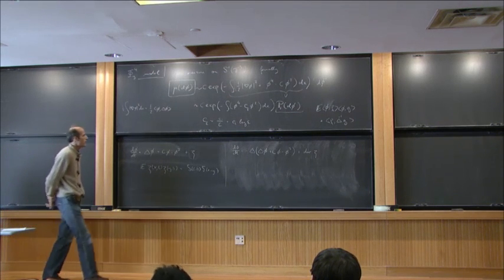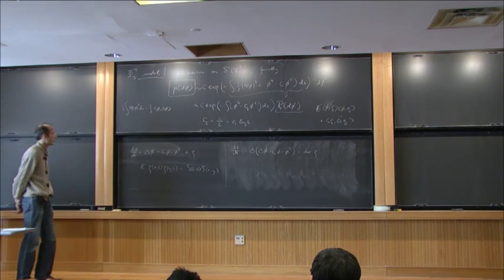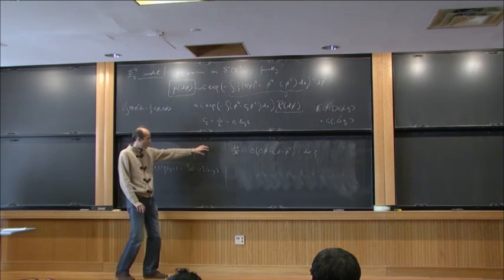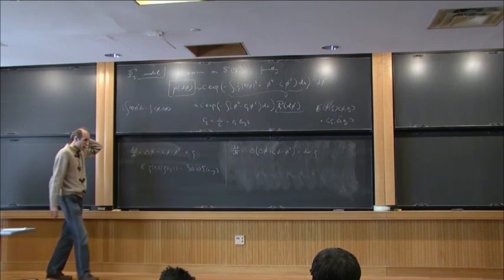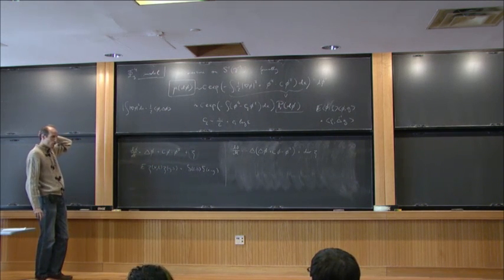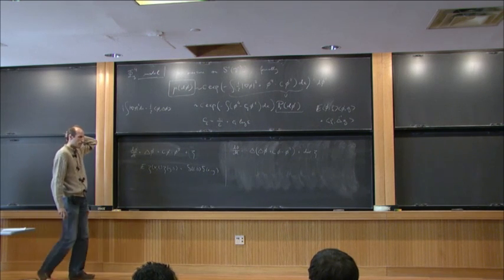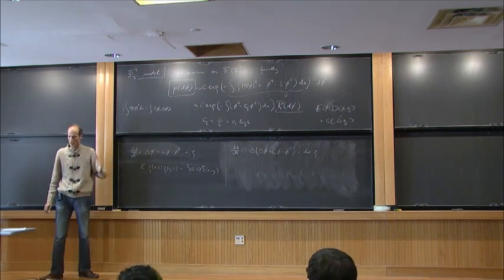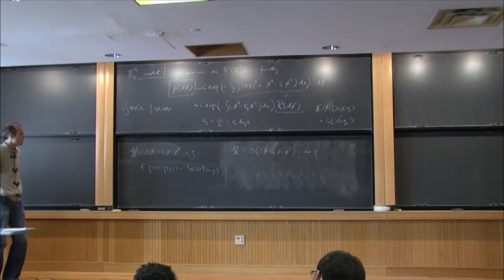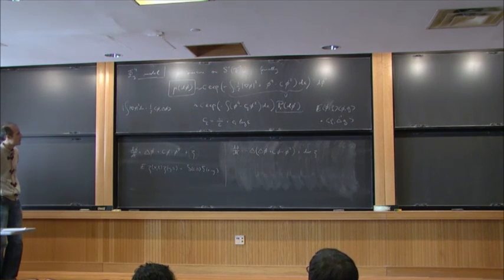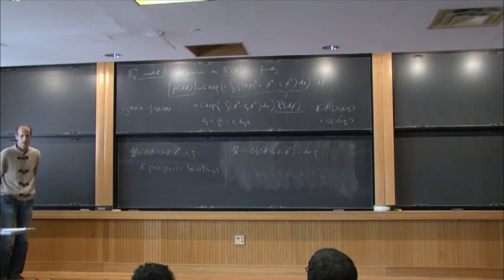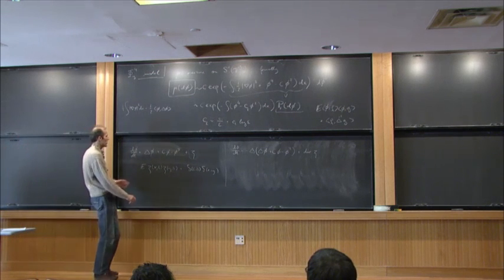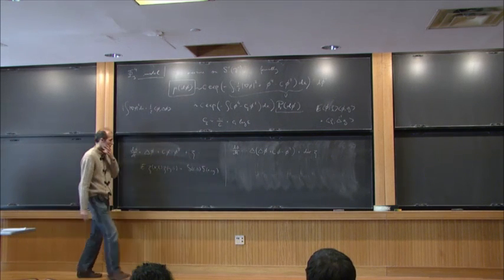So there have been a number of attempts to make sense of this. In dimension 2, it works rather well. I think in some sense the first who managed to get a good dynamic for this were Jona-Lasinio and Mitter, but they didn't quite manage to make sense of this equation here.